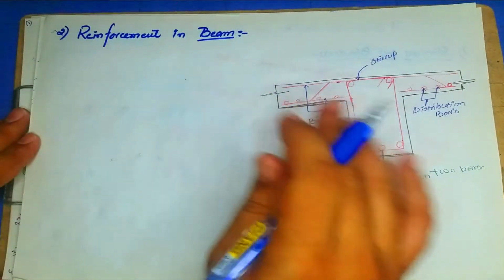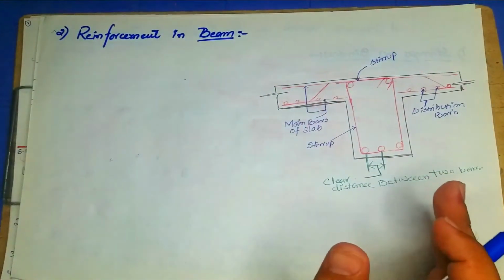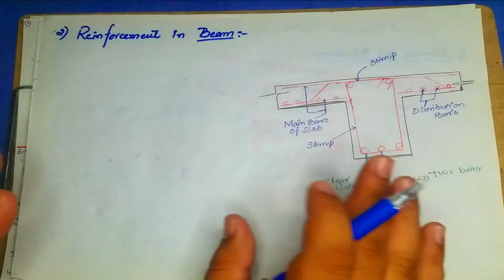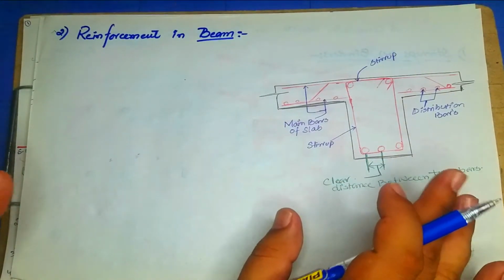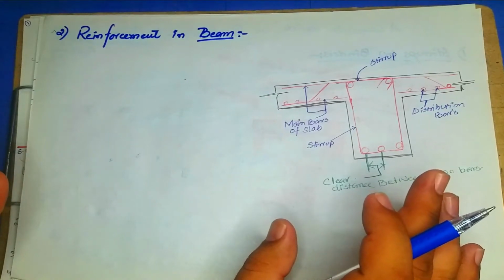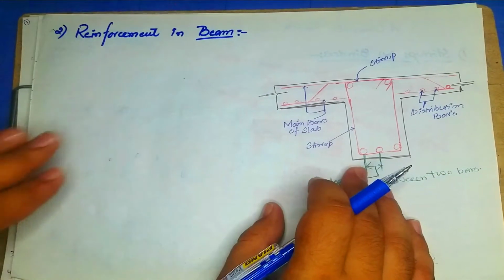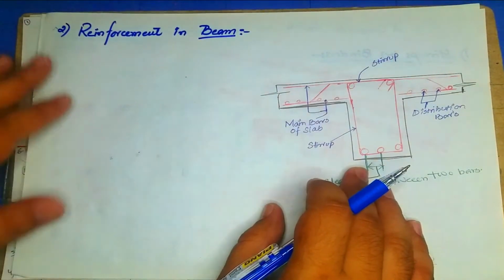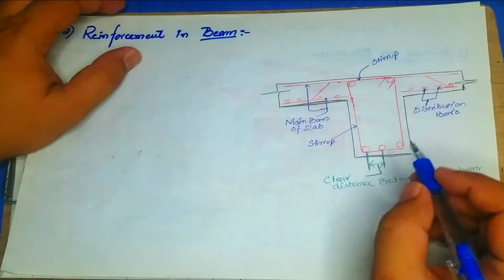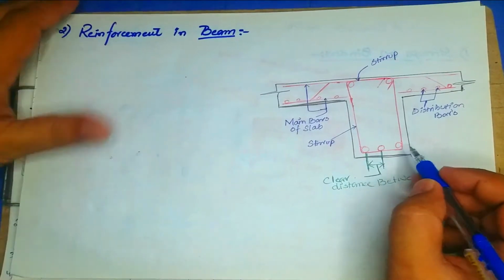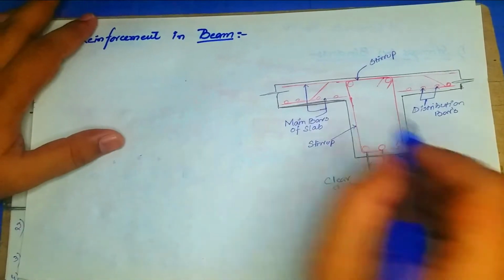The minimum clear distance between two bars in any one layer should not be less than the diameter of the larger bar, or 2.5 centimeter, or the largest size of the aggregate plus 6 mm. It means that this is one layer of steel.